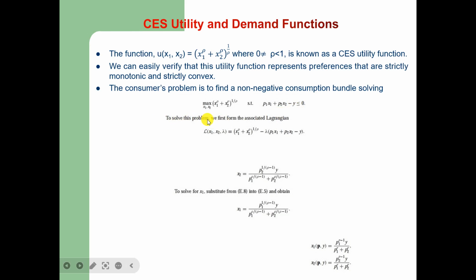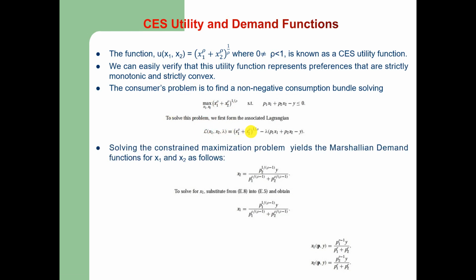To solve this problem, we set up the Lagrangian expression, and the Lagrangian function is set like this. If we solve the constrained maximization problem, it will yield the Marshallian demand functions for x1 and x2 as follows.